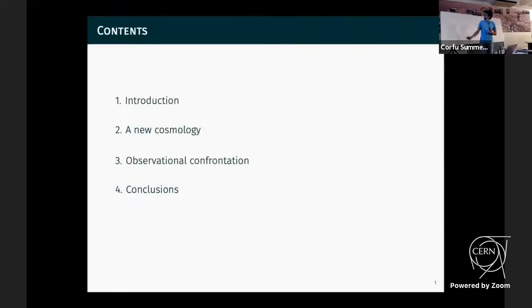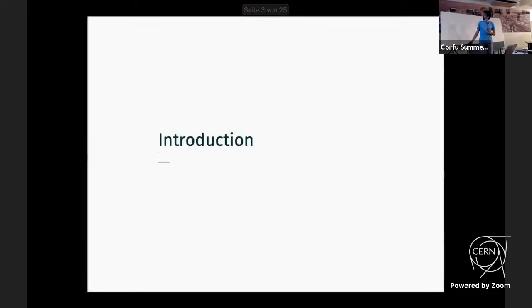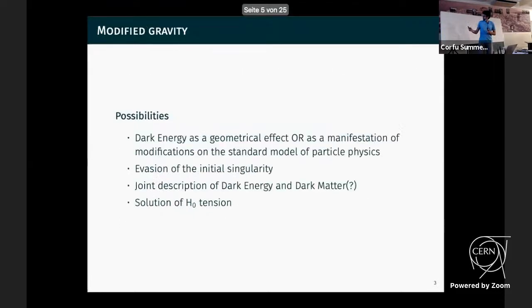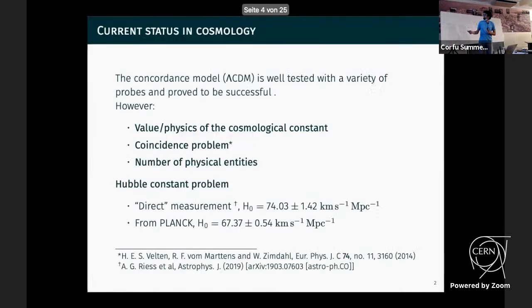This is the outline of the talk. The status quo in cosmology today is that lambda CDM is well established, and there are many observational probes to test it. And this has been done thoroughly.